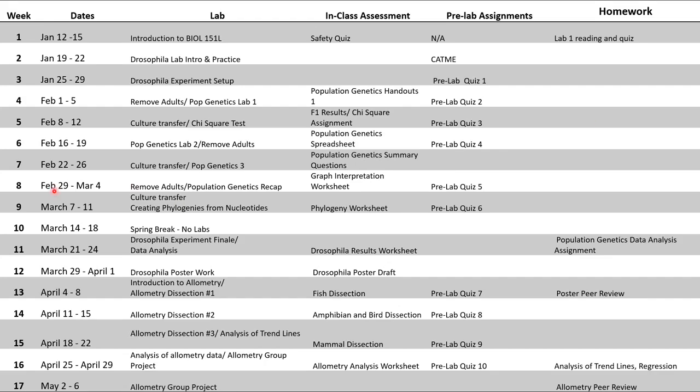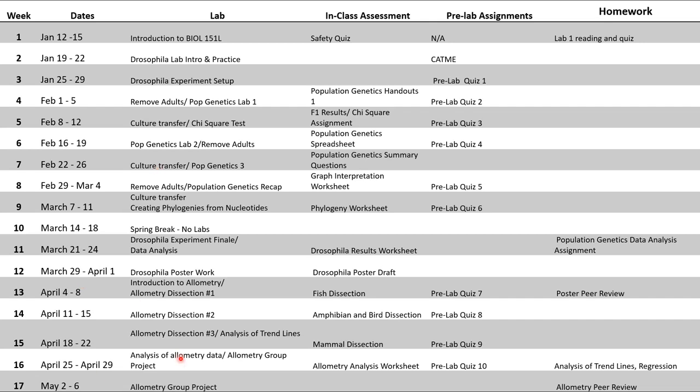So here's a typical schedule of what you would expect in the normal or traditional 151 sections. This one's a few years old, but we would do 3 or 4 lab modules. Here we did Drosophila genetics, population genetics, and then allometry.